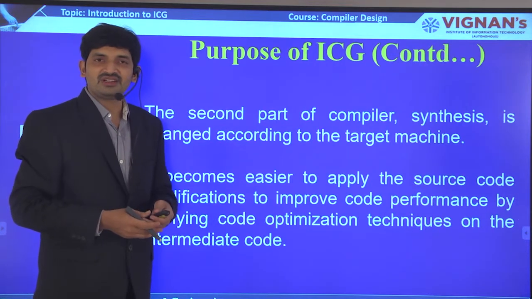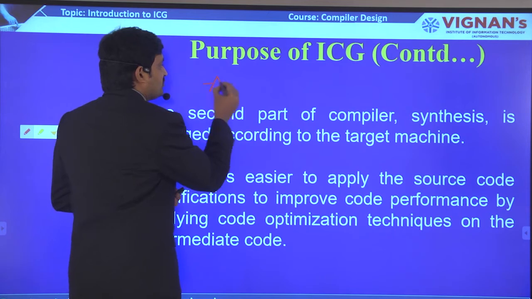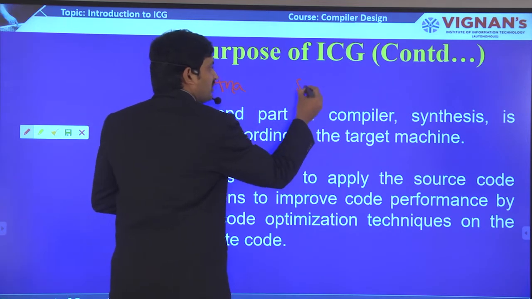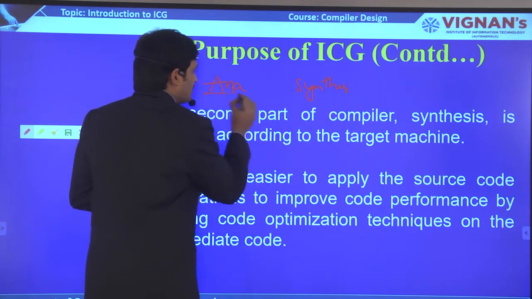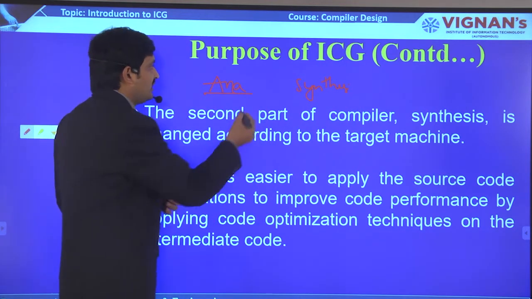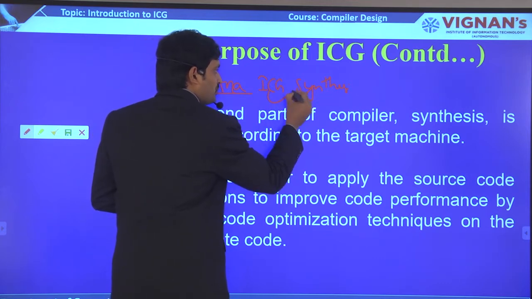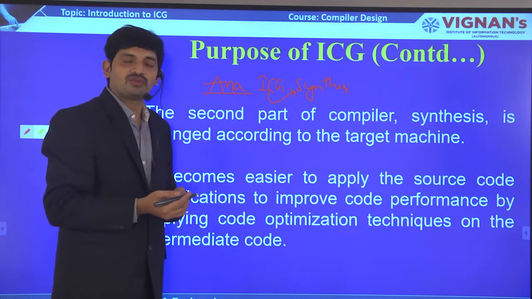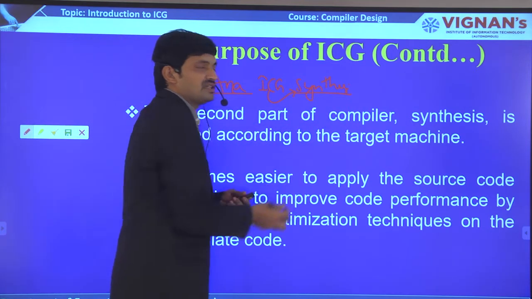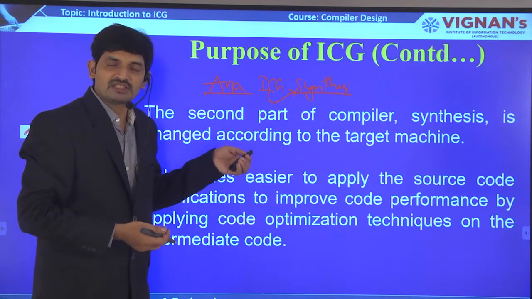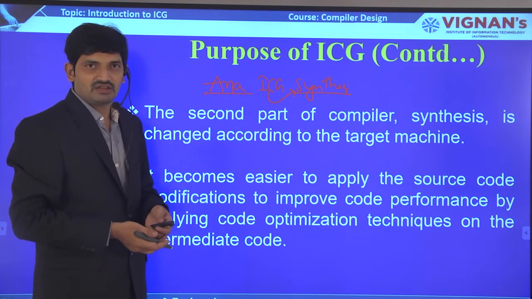So we know that the compiler is divided into two parts named the analysis part and the synthesis part. From this analysis part, with the help of the intermediate code generator, we are going to generate a unique code for all the programming languages, and that is given as input to the synthesis part. In the synthesis part, depending upon the language, it can generate its target machine code.